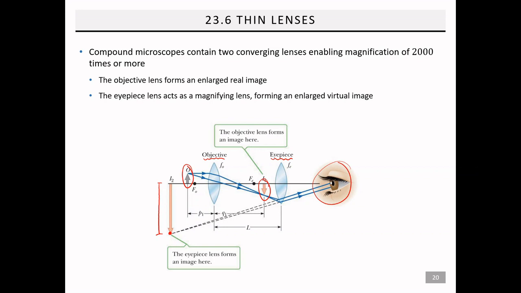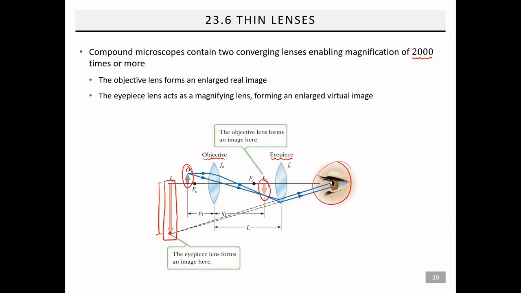Common microscopes and telescopes might be able to enlarge an image by 100 or a couple hundred times, but compound microscopes and even more powerful microscopes can actually magnify an image to be 2,000 or more times larger than it initially is. Notice in this case that the image formed by this combination of lenses is actually a virtual image.